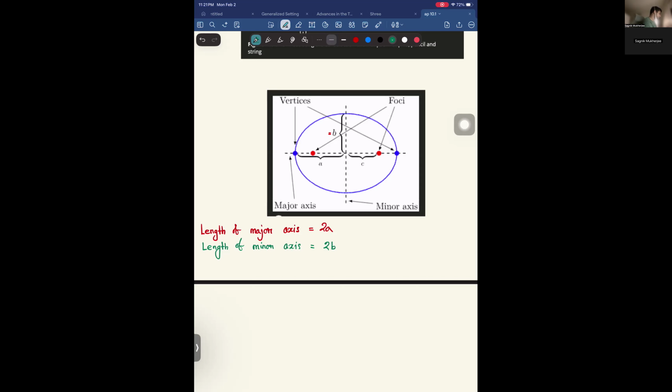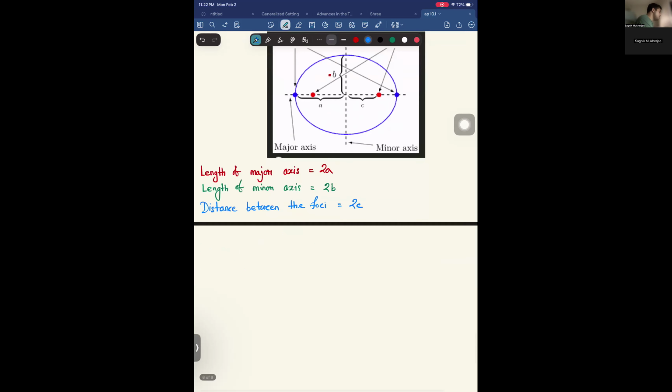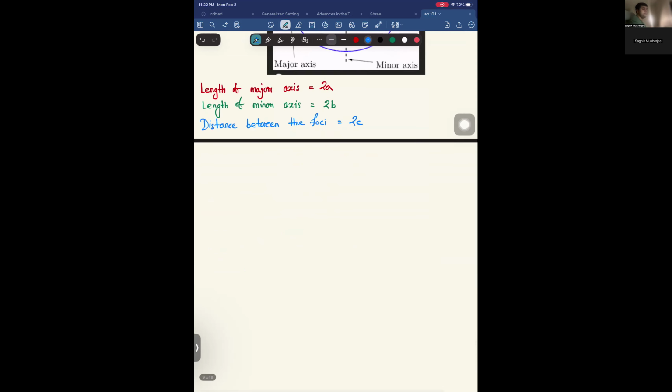I don't know whether there is a name for this. Distance between the foci is simply 2c. So that's why this a, b, c is significant.